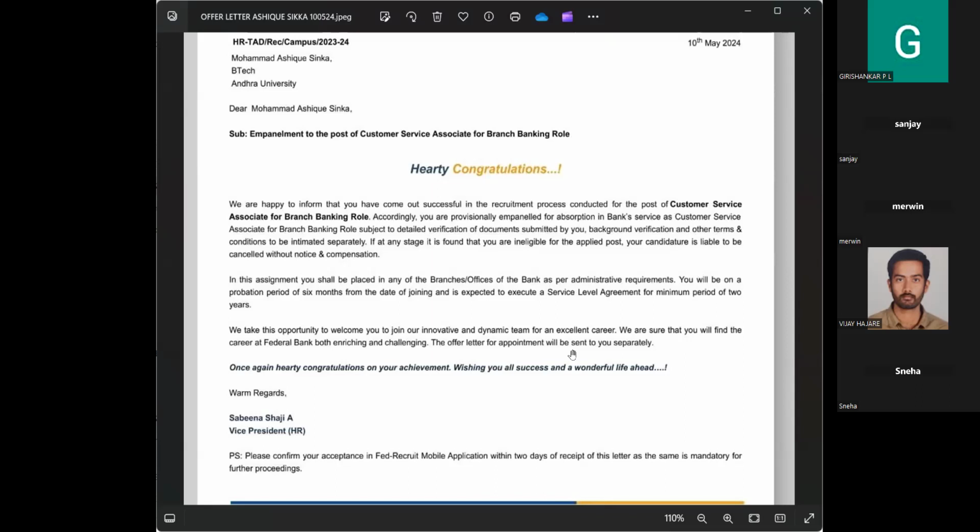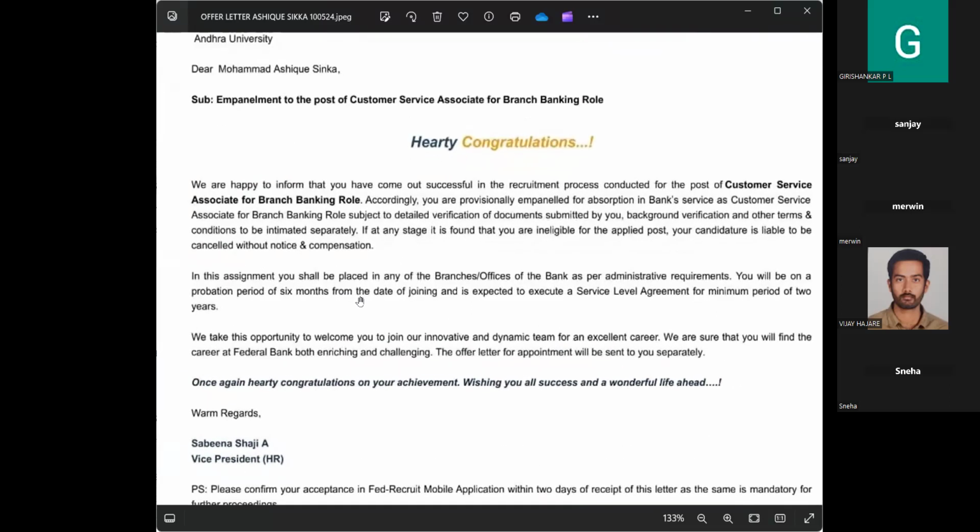If at any stage it is found that you are ineligible for the applied post, your candidature is liable to be cancelled without notice and compensation.